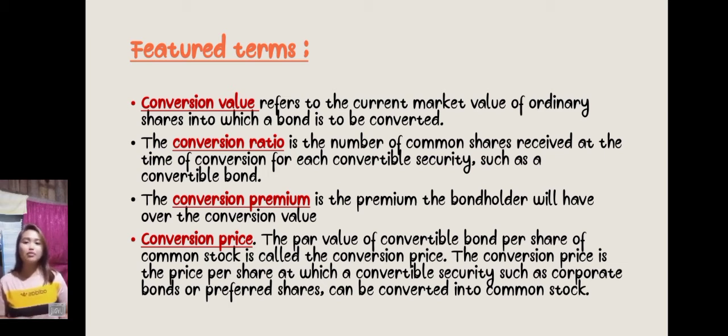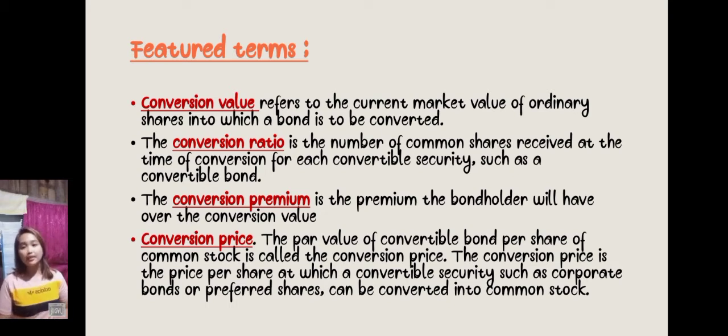If the price of the underlying security falls too far below the conversion value, the convertible security is said to have reached its floor. A conversion premium is an amount by which the price of a convertible security exceeds the current market value of the common stock into which it may be converted, or the excess of the amount at which a convertible security may be sold over its conversion price.